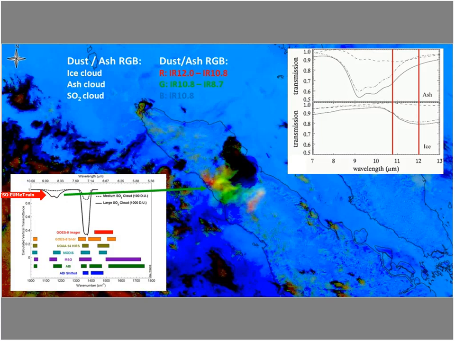You can see that in this graph. So when the 8.7 lowers, and 10.8 is, let's say, the same, the brightness temperature difference is big, and that is why we can see the SO2 cloud in this greenish color.